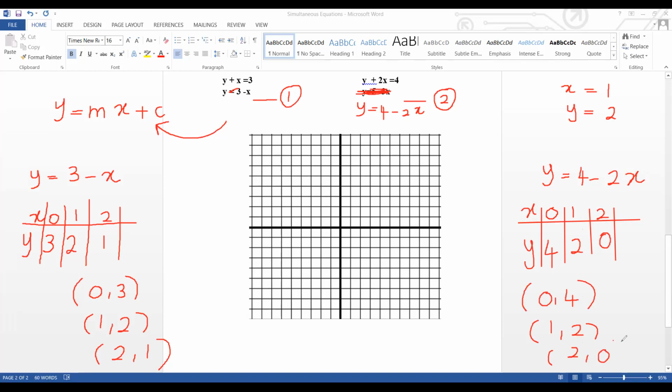Now I'm going to plot these points on this grid. So before that, I have to mark, right? I will mark it. This is my x-axis that you all know, and this is my y-axis. Right. I'm going to take 2 by 2. This is the positive side.